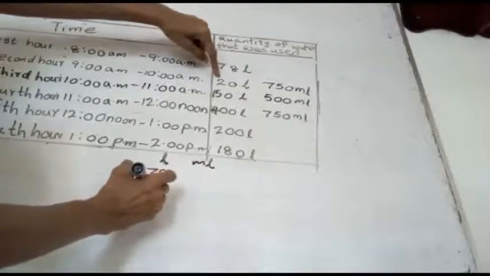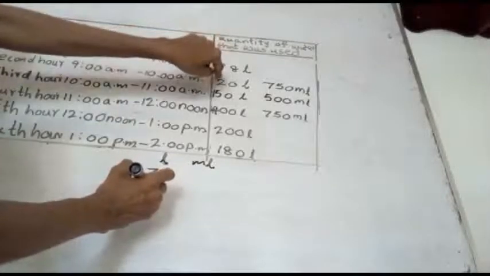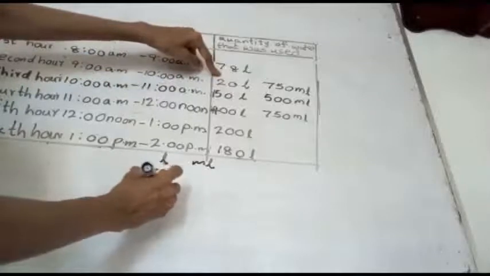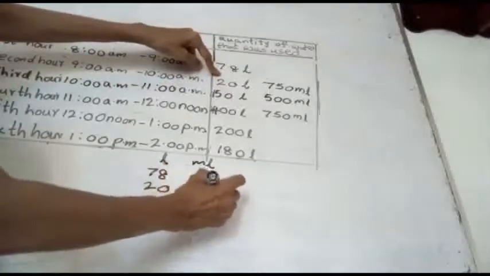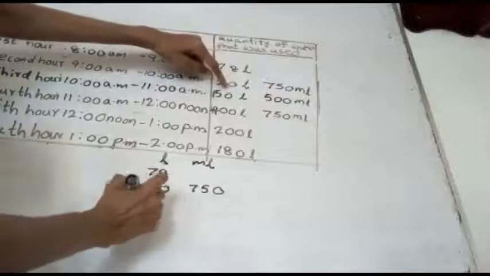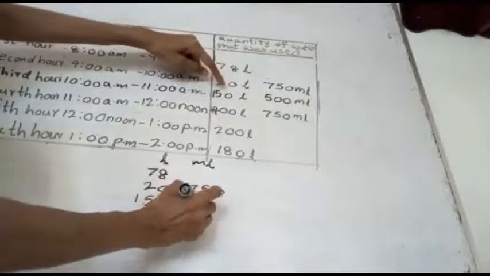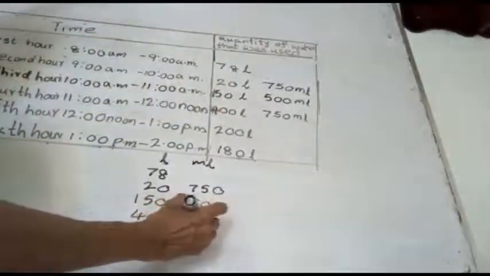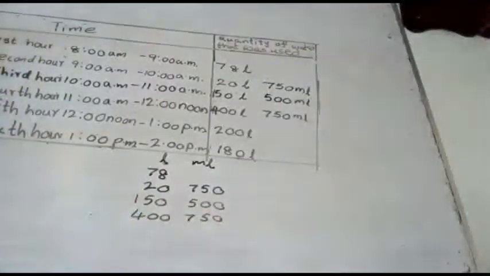In second hour, 120 liters and 750 milliliters. In third hour, 150 liters and 500 milliliters. In fourth hour, 400 liters and 750 milliliters.